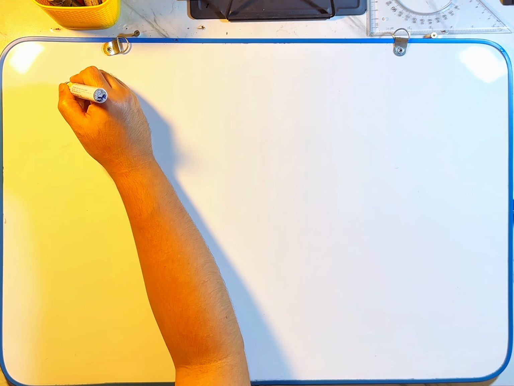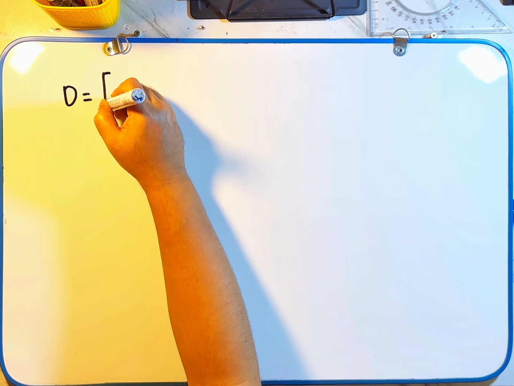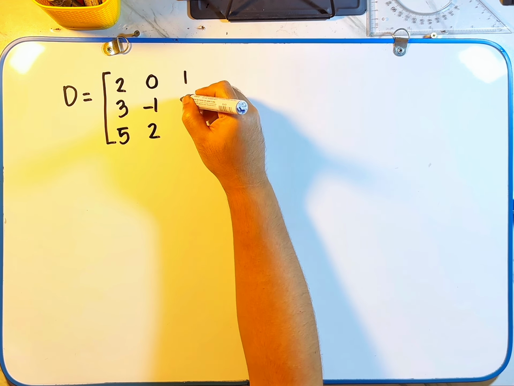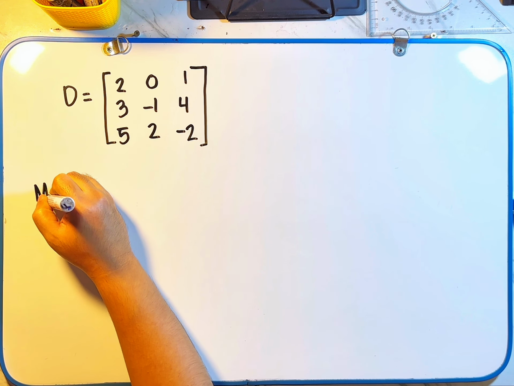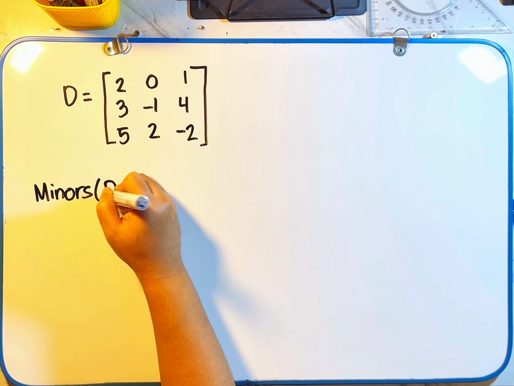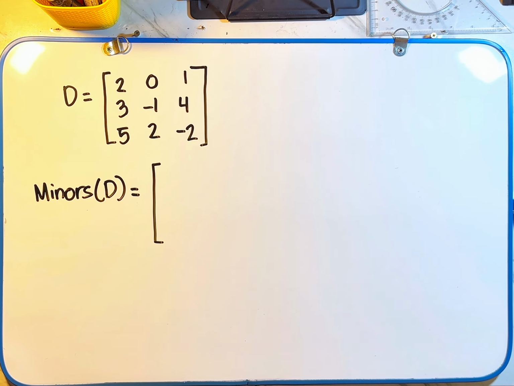Next, let's consider the following 3 by 3 matrix. Okay, let us solve for minors. So for minors, we have to block or remove the necessary rows and columns.